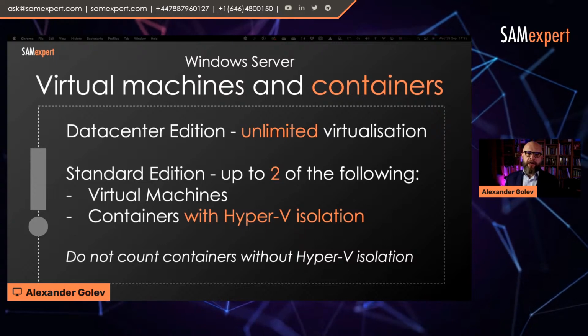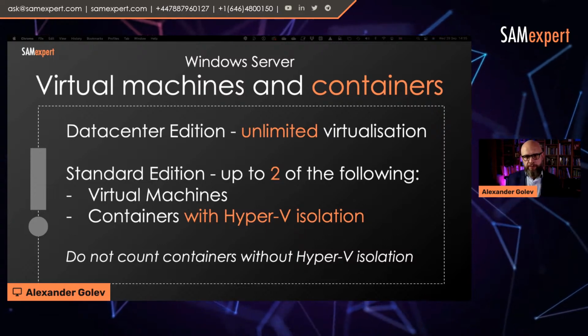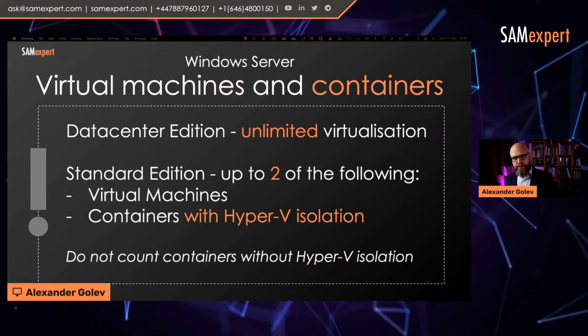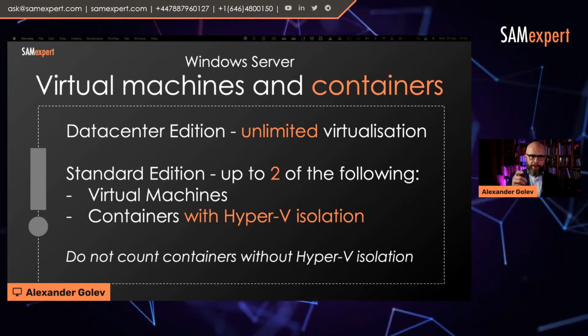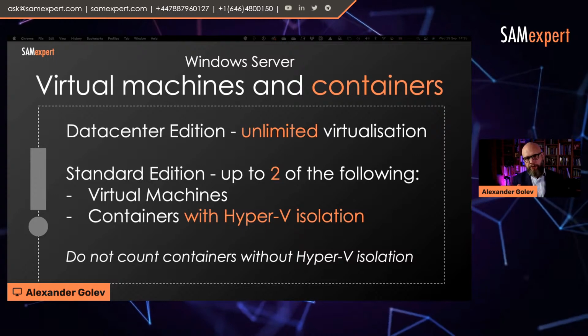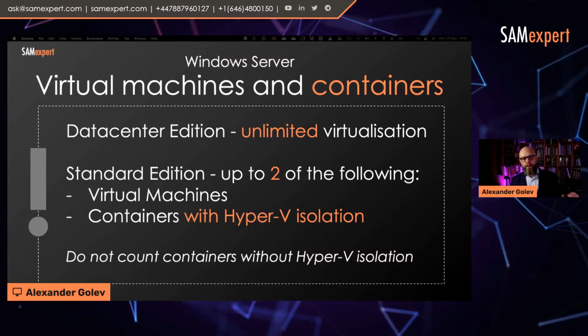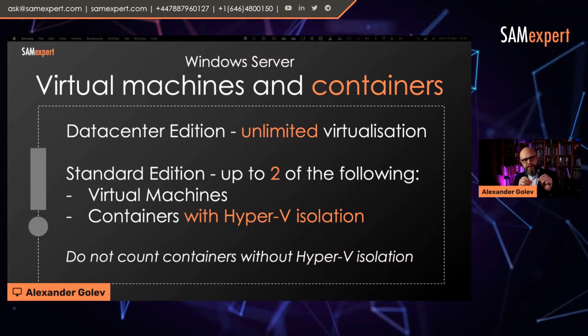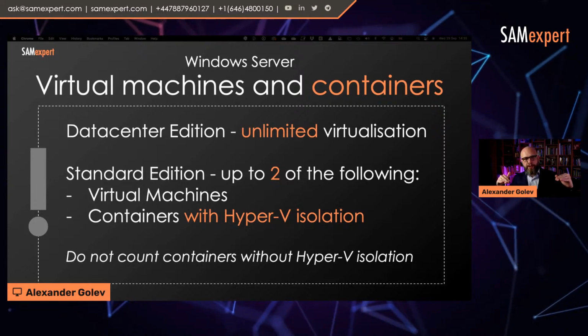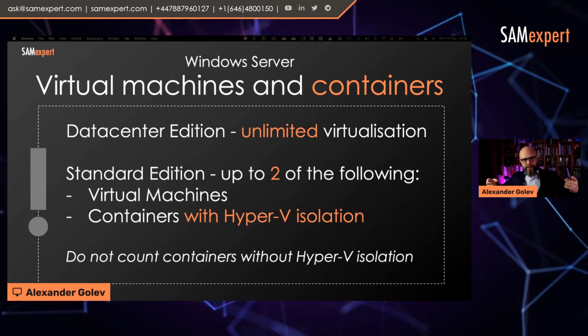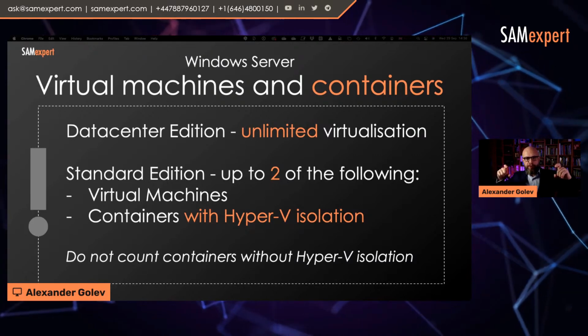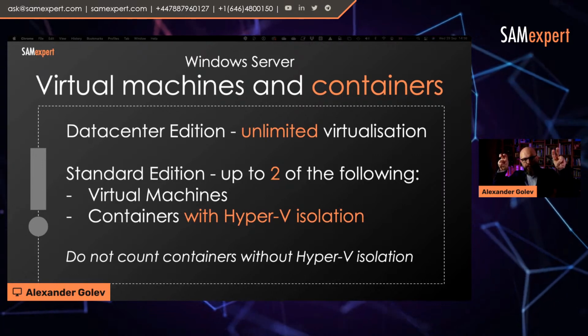If you only have a low number of virtual machines, it does make sense to consider Windows Server Standard, because it works exactly the same way, but there's a limit on the number of virtual machines. You still assign the Windows Server Standard license to the hardware level, and when you've licensed that machine this way, you can run up to 2 virtual machines or containers with Hyper-V isolation.